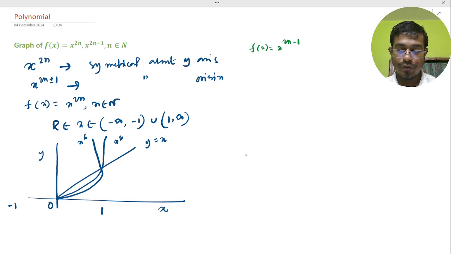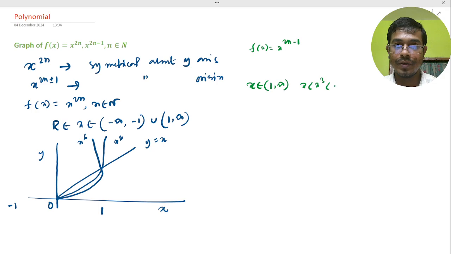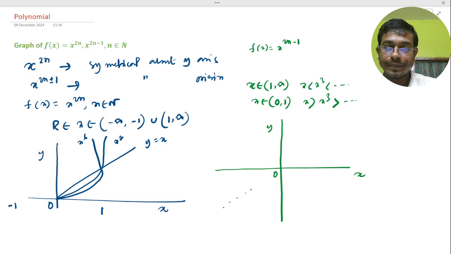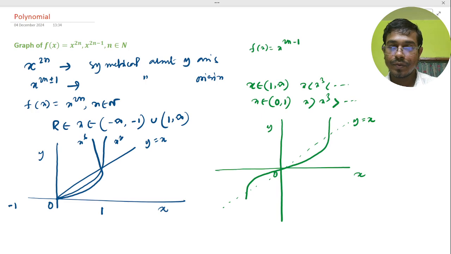For this we plot: for x belongs to 1 to infinity, x is less than x cube, less than and so on; and for x belongs to 0 to 1, x is greater than x cube, greater than and so on. Here is the origin, x and y, and this one is y equal to x, and for x cube we plot y equal to x cube, and for x to the power 5 it should look like this.